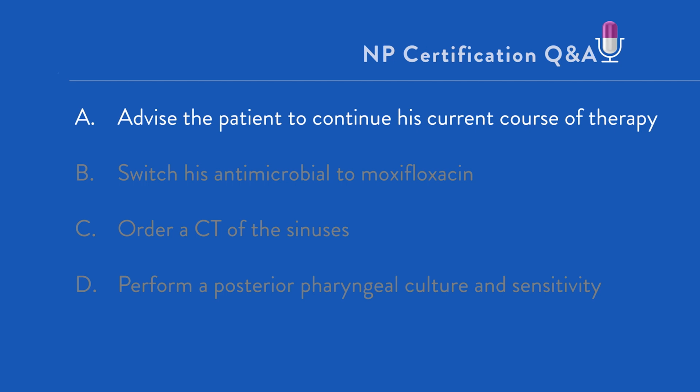And ABRS is almost always caused by the same 3 bugs: the gram-positive diplococci, Streptococcus pneumoniae, and 1 of 2 gram-negative organisms, Haemophilus influenzae and Moraxella catarrhalis. Sometimes it could be a mix of 2 or 3 of those. Empiric antimicrobial therapy is aimed at eradicating these organisms, and amox with clav covers all of them.